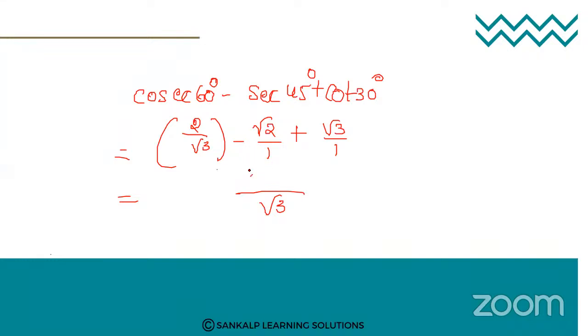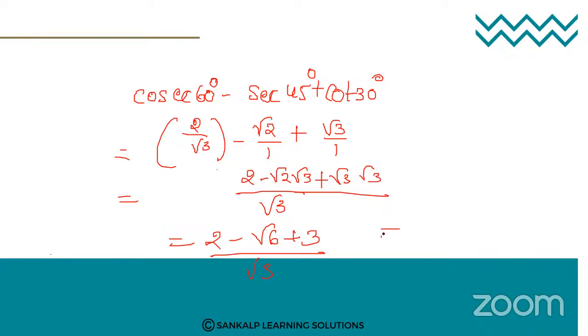So, 2 minus root 2 into root 3 plus root 3 into root 3. 2 minus root 6, 2 3s are 6, plus root 3 into root 3, it is 3 divided by root 3. So, 2 plus 3, it is 5. 5 minus root 6 divided by root 3. This is our final answer.